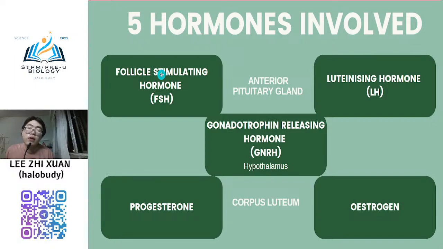FSH and LH are secreted from the anterior pituitary gland, progesterone and estrogen are secreted from the corpus luteum, and gonadotropin releasing hormone is secreted from the hypothalamus. So you also need to know the site of secretion. Maybe in objective questions they will ask you.